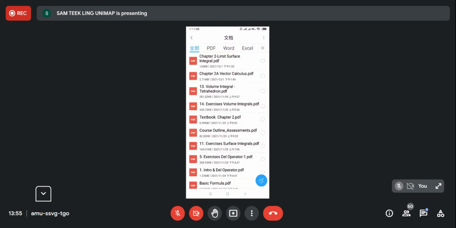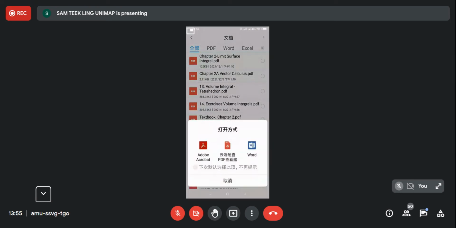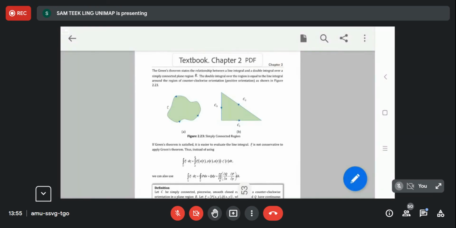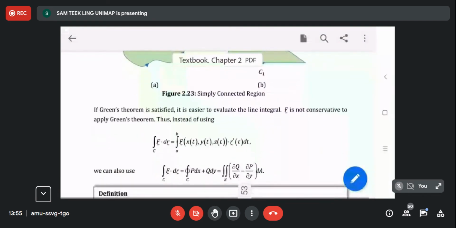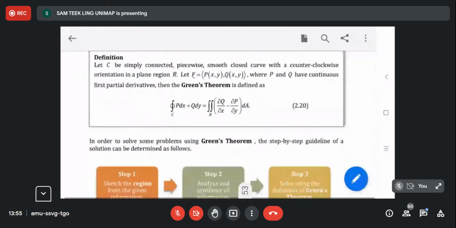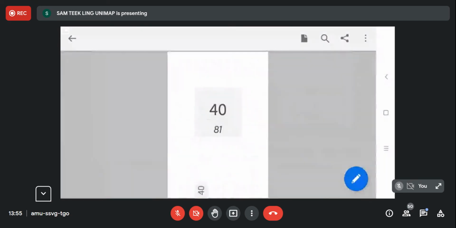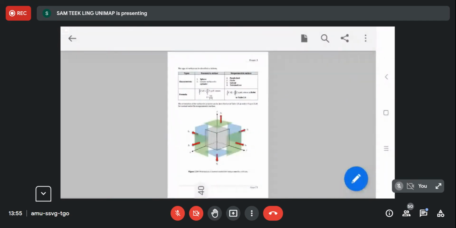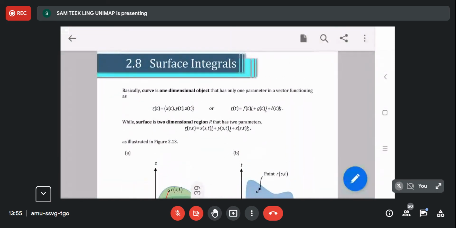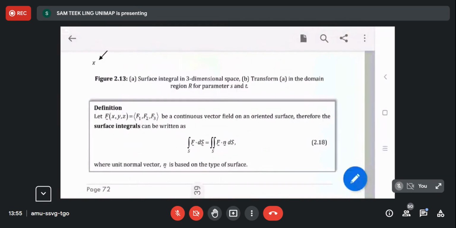You still got another two. Surface integral. So this one, textbook, you go to your surface integral. So the general formula is this one.